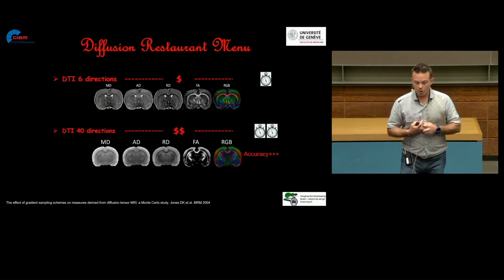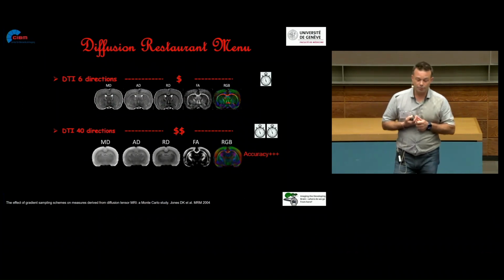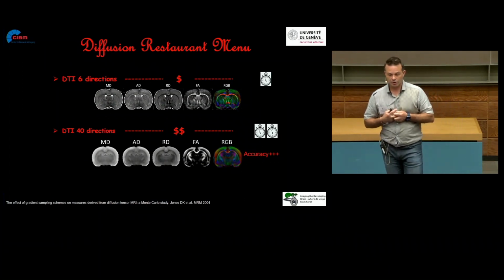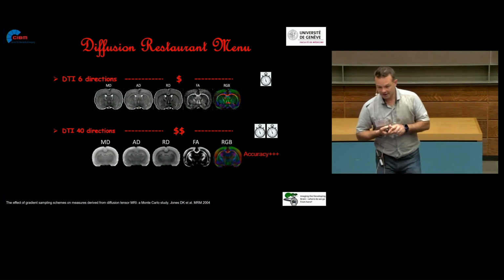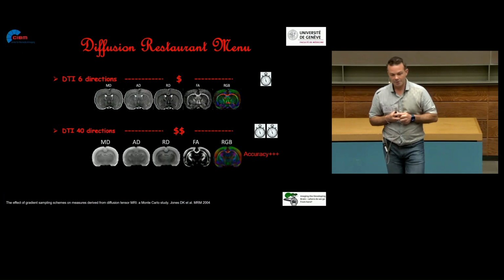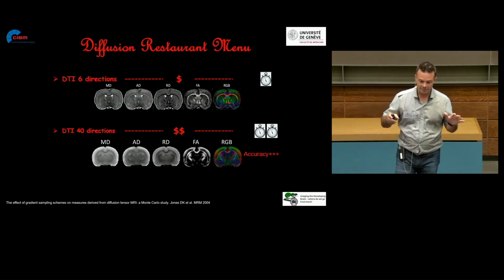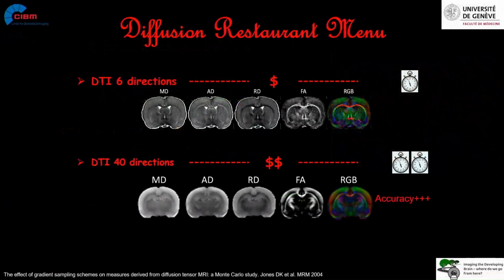So when you want to do diffusion imaging, it's like when you are going to a restaurant, depending on your appetite, on your money, on your time. You can do the basic, which is just the ADC, so diffusion weighted images, but if you want the tensor, the basic is the DTI with 6 directions.